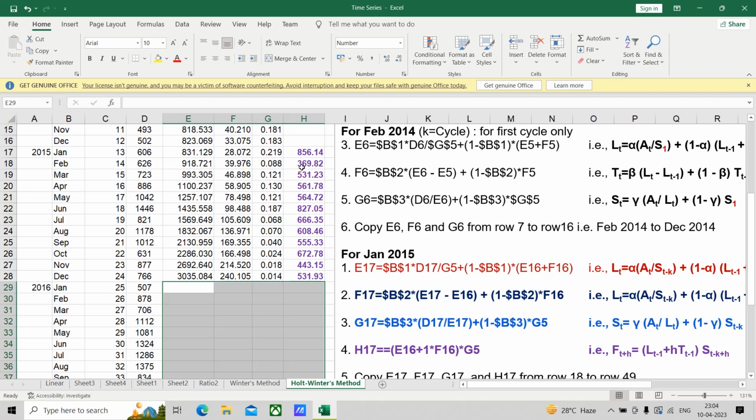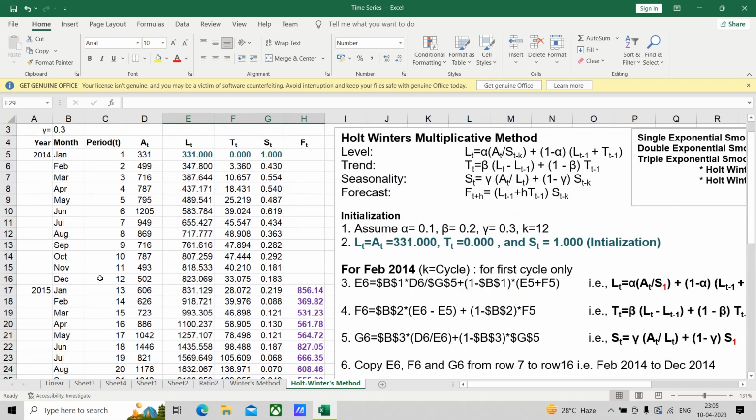In this case again there is under forecasting, at this place over forecasting, in this place under forecasting, at this place over forecasting. So sometimes it is over forecast and sometimes it is under forecast, so it is a good presentation of forecasting on the basis of the previously given data of 2014.